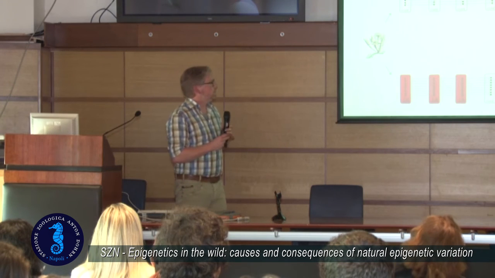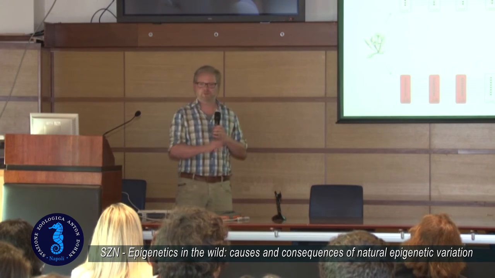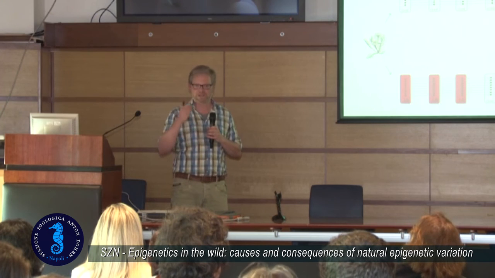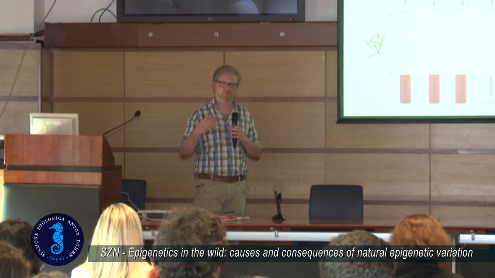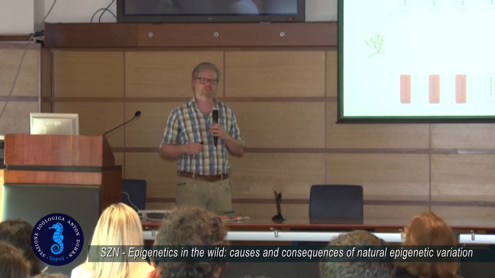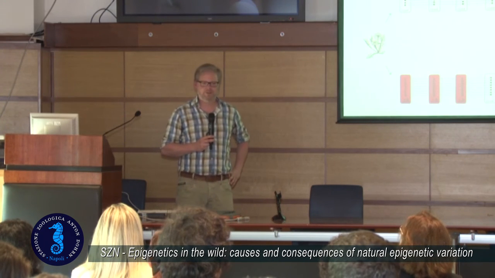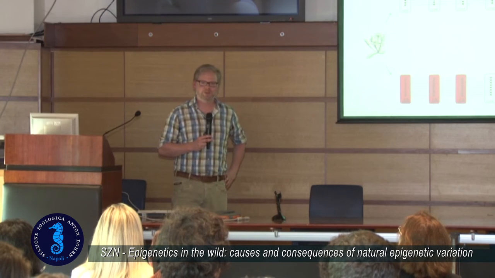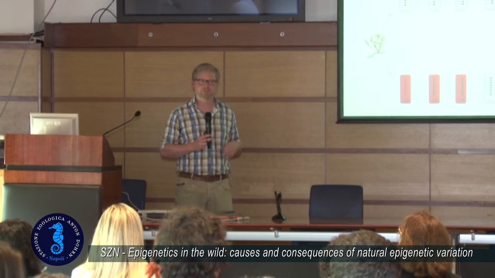So, of course, we are interested. What I showed are phenotypes, chemical and molecular phenotypes, and we don't know if this is in fact epigenetics or DNA methylation causing this. And here we enter, I think, the main problem of epigenetic analysis in plants and in non-model species in general.